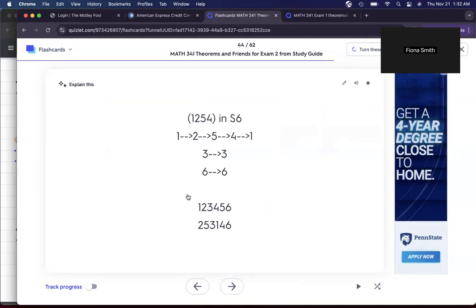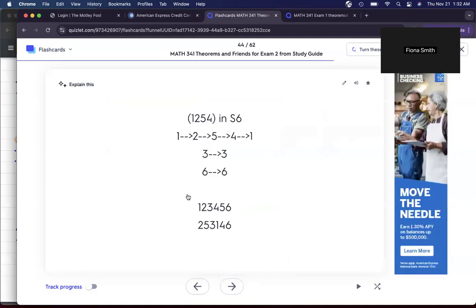And since they aren't mentioned in what looks like a 4-cycle, 3 and 6 just go to themselves. So 3 goes to 3 and 6 goes to 6. So really, we have a permutation that looks like 1 goes to 2, 2 goes to 5, 3 goes to 3, 4 goes to 1, 5 goes to 4, and 6 goes to 6.